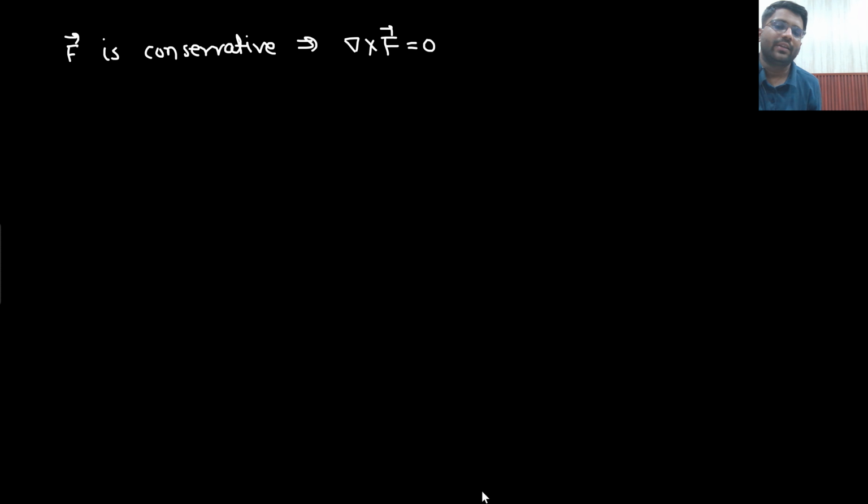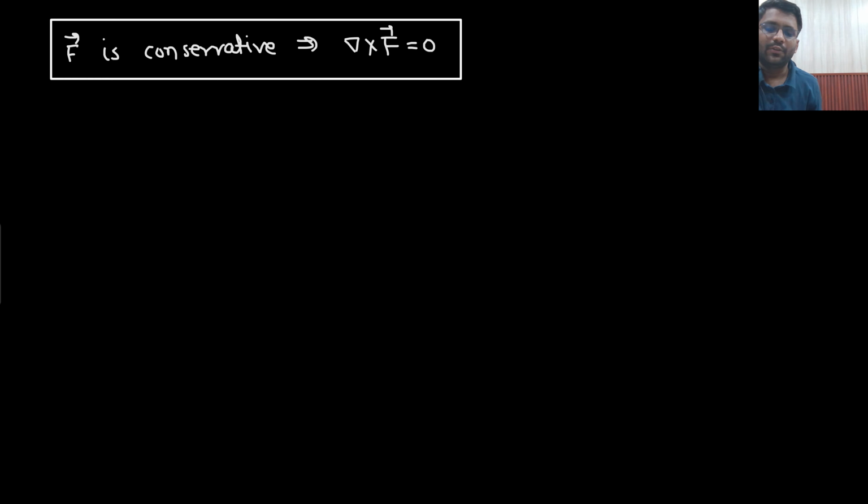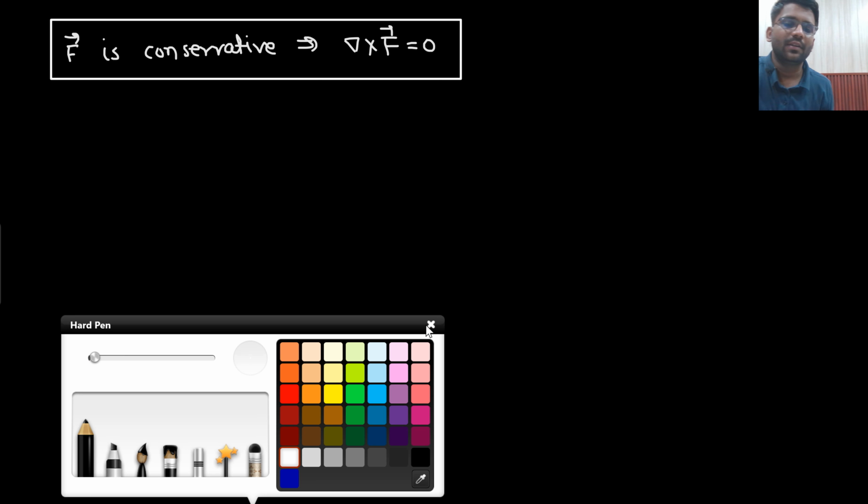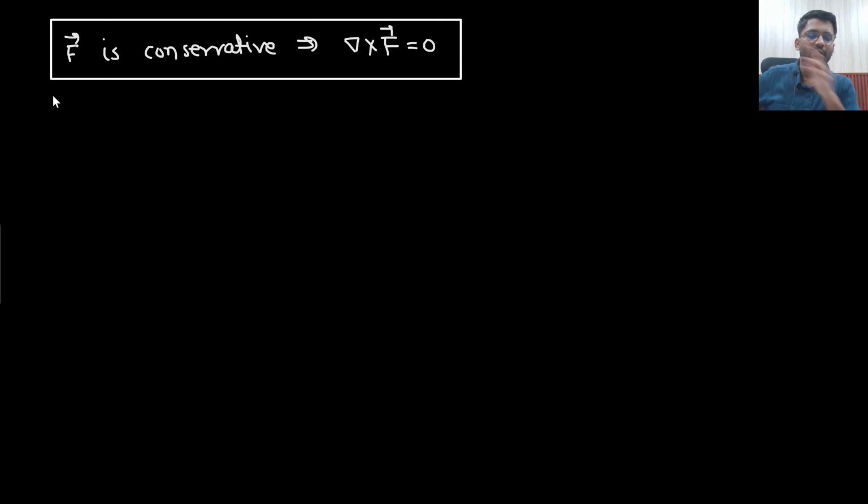There is no one who can stop it. There is no if but nothing. If it is given F is conservative, without any doubt, close your eyes, del cross F equals to 0. Because if F is conservative, then for any closed curve C, F dot dl will also be 0.